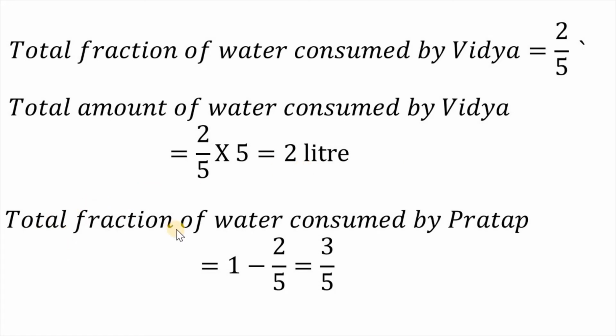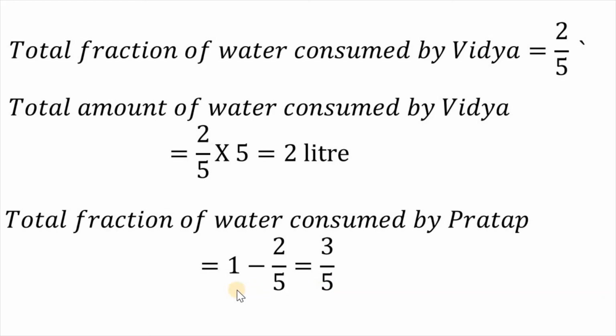Now what is the total fraction of water consumed by Pratap? For us to do this, you need not convert the 2 liters and you need not subtract the 2 liters from 5 liters and then convert it into a fraction. You can directly do it where 1 is the whole, subtract 2/5 which is consumed by Vidya. So the answer is 3/5.